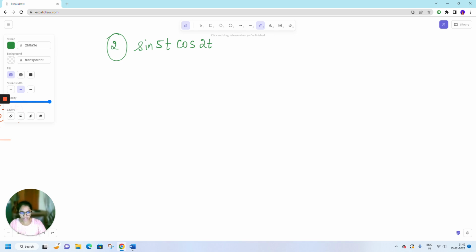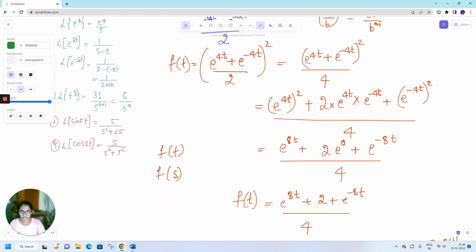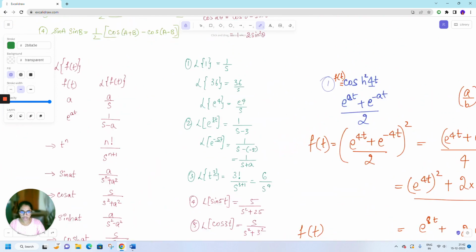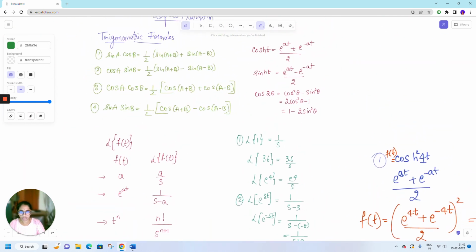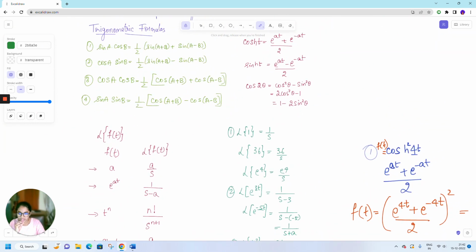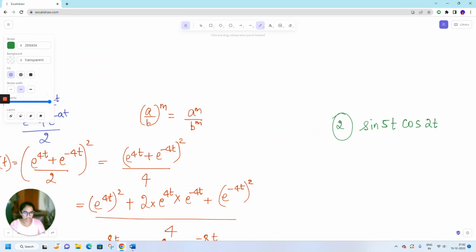Let me get back to the trigonometric formulas that I had. So observe, do you have a formula for sin A and cos B? Yes. This is sin A and cos B. What is the formula? It is half sin A plus B plus sin A minus B. So let me write that down.